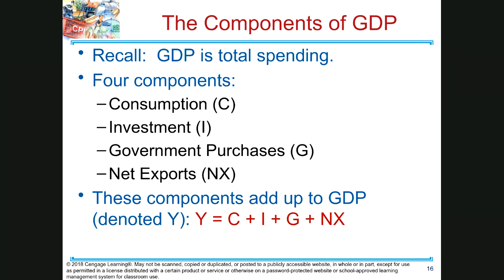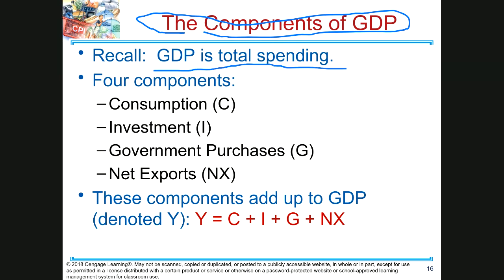Okay, now components of GDP. Remember, GDP can be calculated in two ways: from the expenditure approach and from the income approach. Let's look at the expenditure approach. GDP is the total spending of all sectors in the economy.